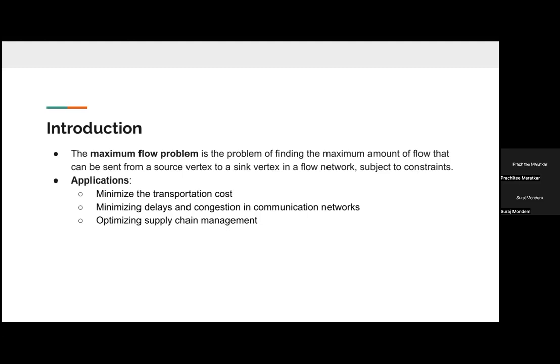Another use case is in supply chain management, where the algorithm can be used to optimize the flow of goods from suppliers to customers. It can also be used to minimize the overall cost and the overall management, including the timely delivery of the goods. Other than this, there are different kinds of use cases in case of image segmentation, airline scheduling, and census tabulation.